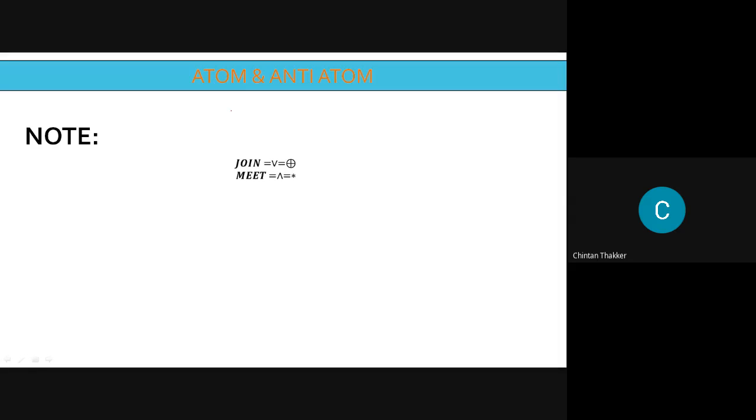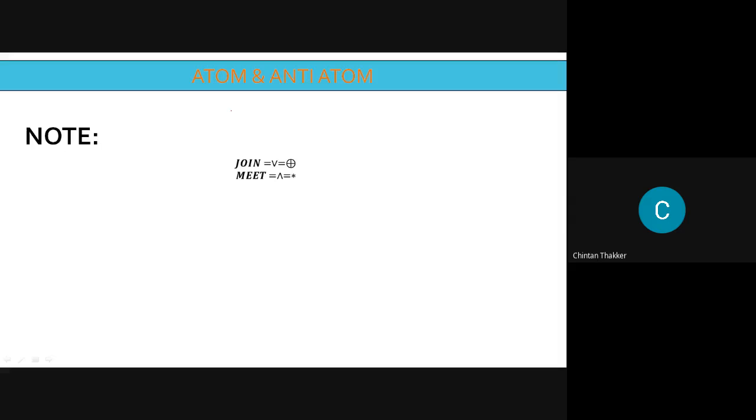Join means we use the ring sum, that ring sum is called join, and meet means star. In our first unit, join means the OR operator, meet means the AND operator.